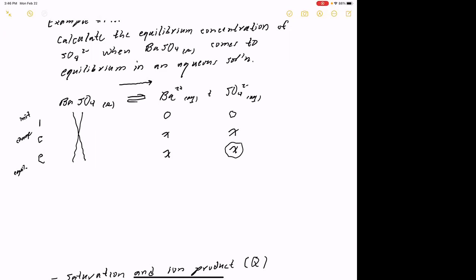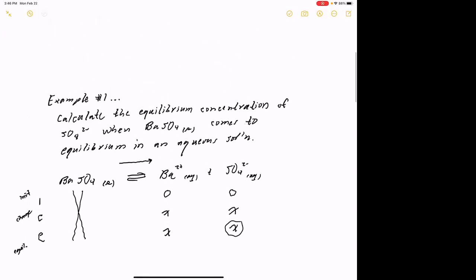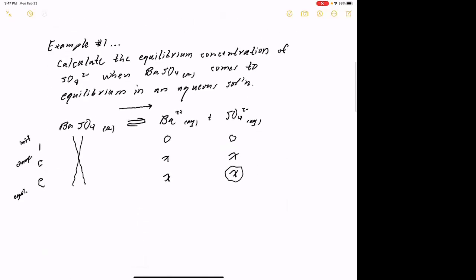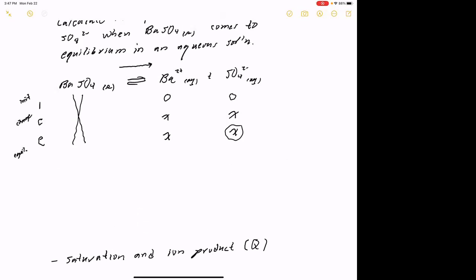Now I just need an algebraic expression with X in it. Do I have that? Yes, because I've got the law of mass action that I can write. Ksp is equal to the concentration at equilibrium of the barium ion times the concentration of the sulfate ion, also at equilibrium. And all that's equal to what?